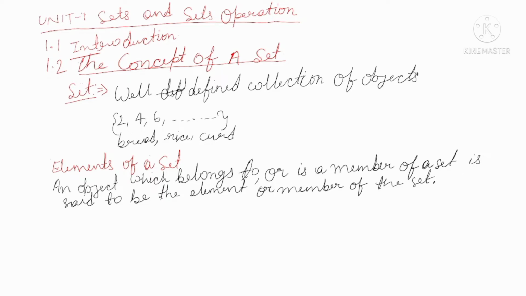So here, just like 2, 4, 6, these are elements of a set because these belong to the set. For example, I can give the name of the set as A. Sets are generally denoted by capital letters, so that's why here capital letter A I used for denoting this set.